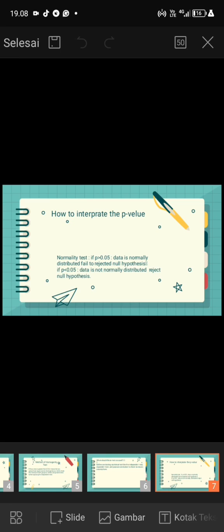And then for the homogeneity test, if the p-value is more than 0.05, variances are homogeneous, where the assumption is met, and if the p-value is less than 0.05, variances are not homogeneous or the assumption is violated.